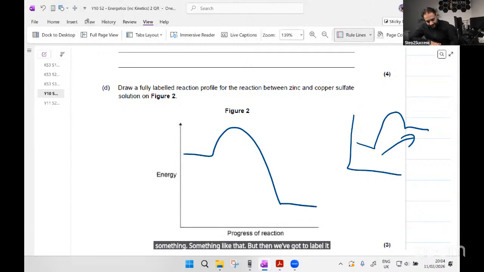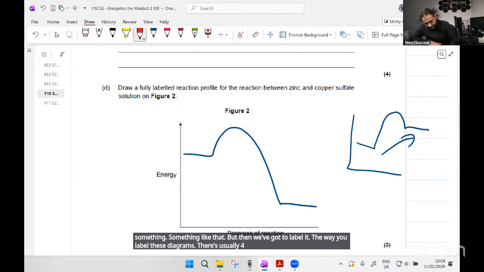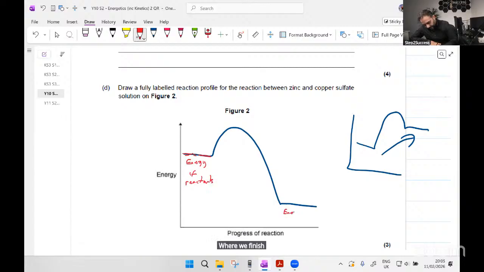The way you label these diagrams, there's usually four labels. This section here is the energy of the reactants, so what we begin with. Where we finish is the energy of the products. The difference in the height here and here is the overall energy change.